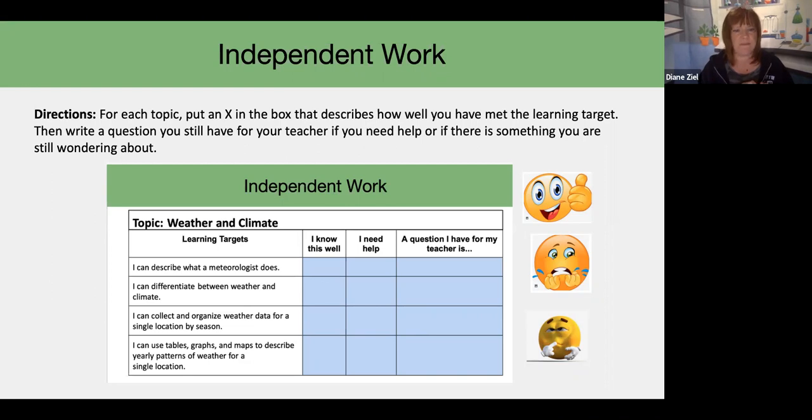I can use tables, graphs, and maps to describe yearly patterns of weather for a single location. Yikes, I'm feeling like this guy here. That seems like a lot. I think it's connected to this one. I think I might be able to find it, but I really do feel like I need help there to look at the different tables and graphs for a single location.